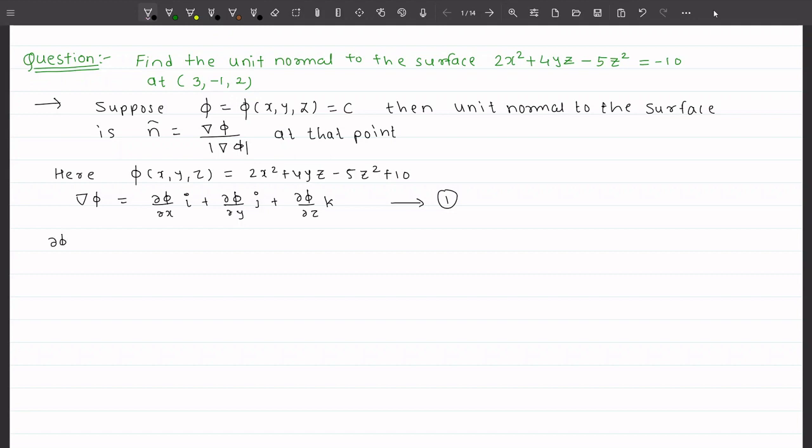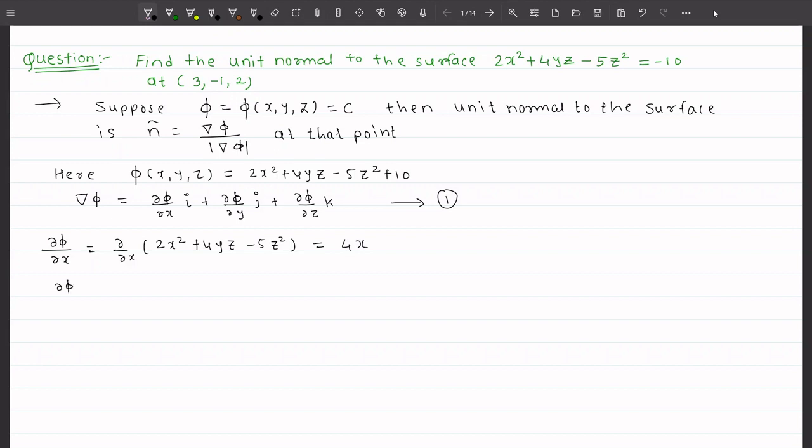First, ∂φ/∂x is the derivative with respect to x of 2x² + 4yz - 5z². The derivative of 2x² is 4x; the other terms are independent of x, so their derivative is 0. So it is 4x only.